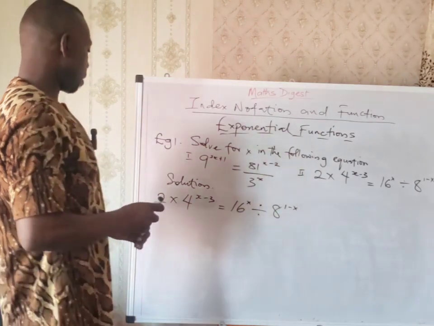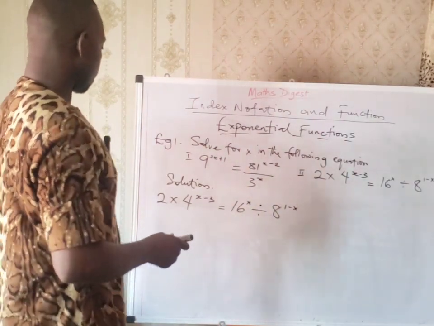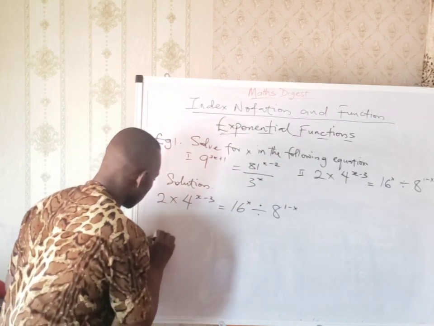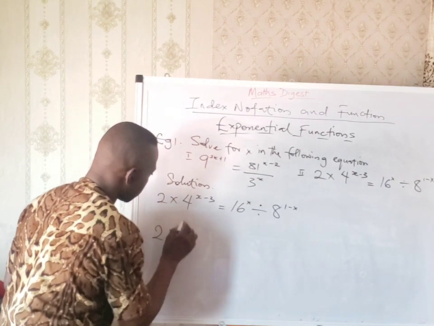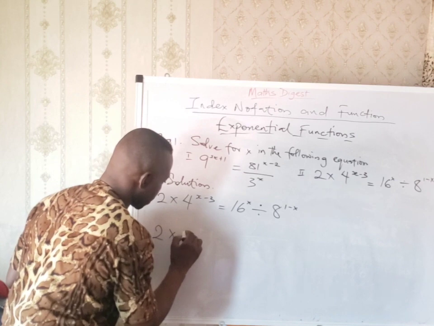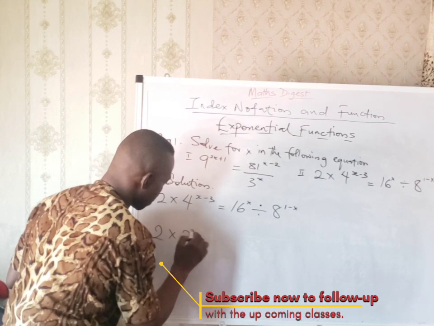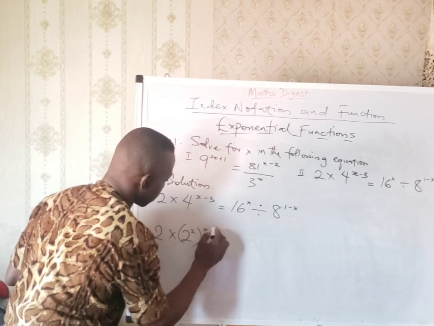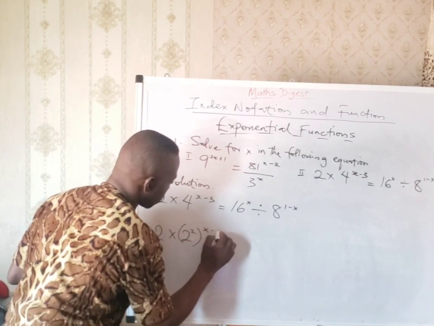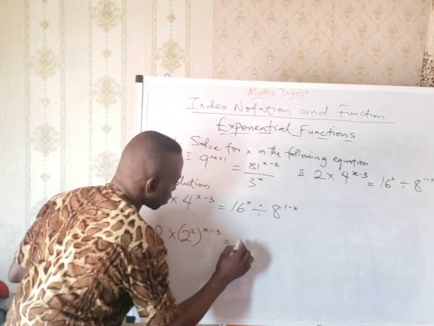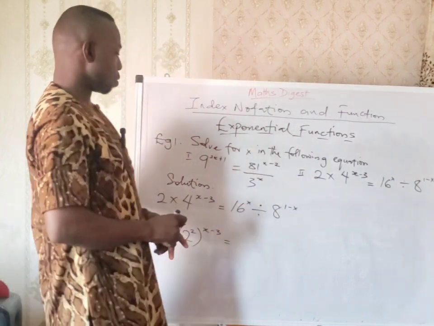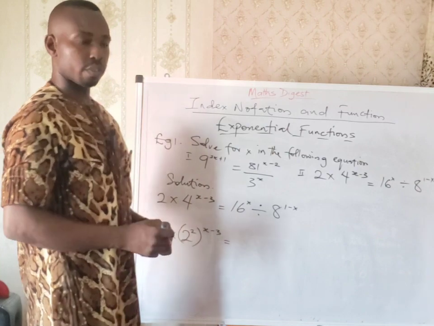Now from here, you can simply say 2 times, this 4 is 2 raised to power 2, so we have 2 raised to power 2, still raised to power another x minus 3, equal to, now 16 is the same thing as saying 2 raised to power 4.